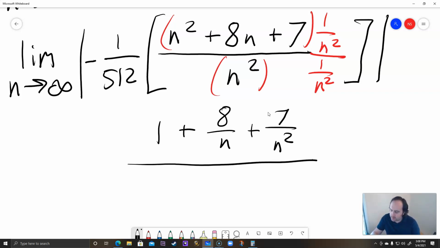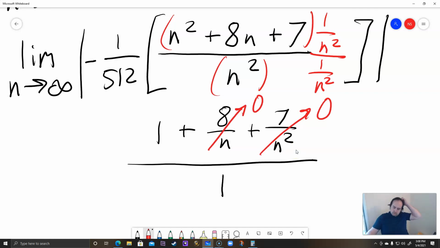All over on the bottom, the n squareds cancel, so we just have 1. And then of course, since we're taking the limit as n goes to infinity, 8 over n and 7 over n squared are both going to go to 0. Okay, so really for this whole thing, all we have is 1 over 1, which is 1.